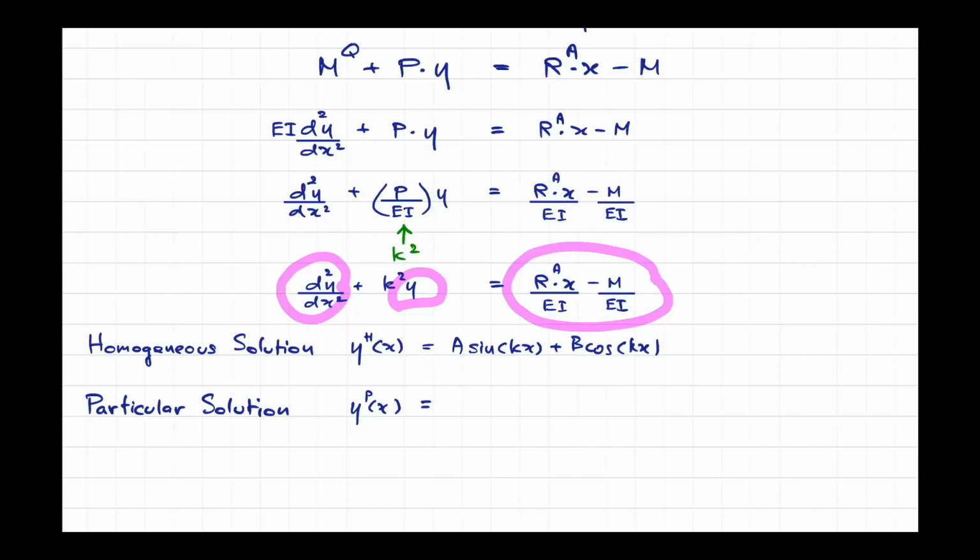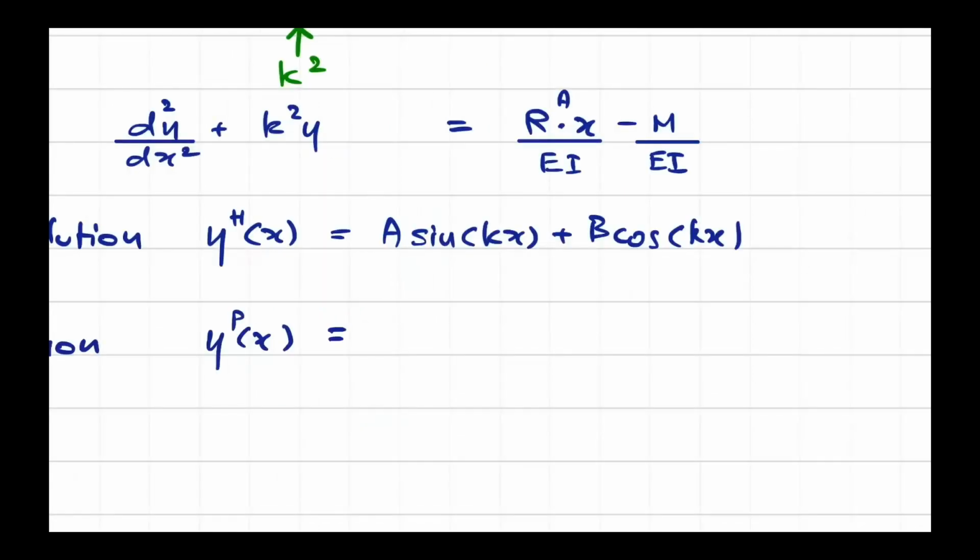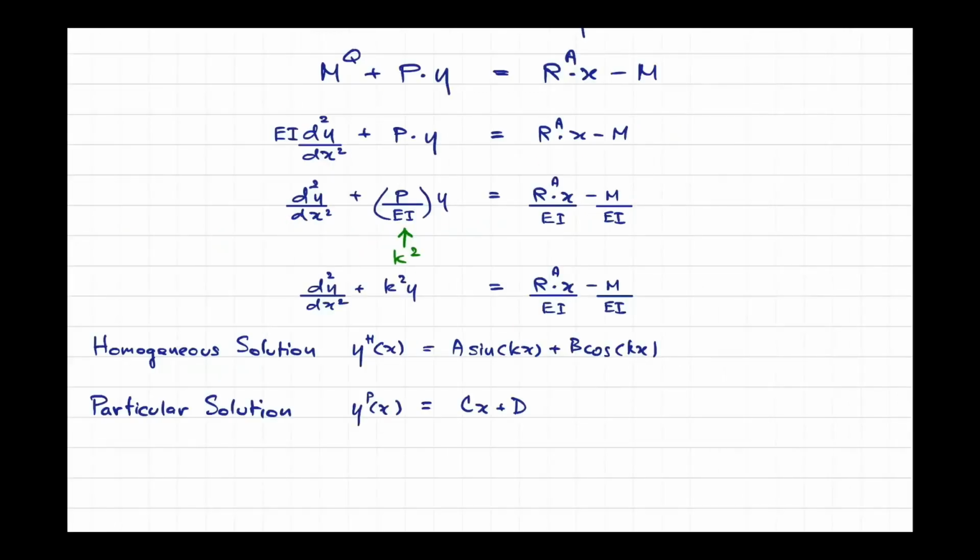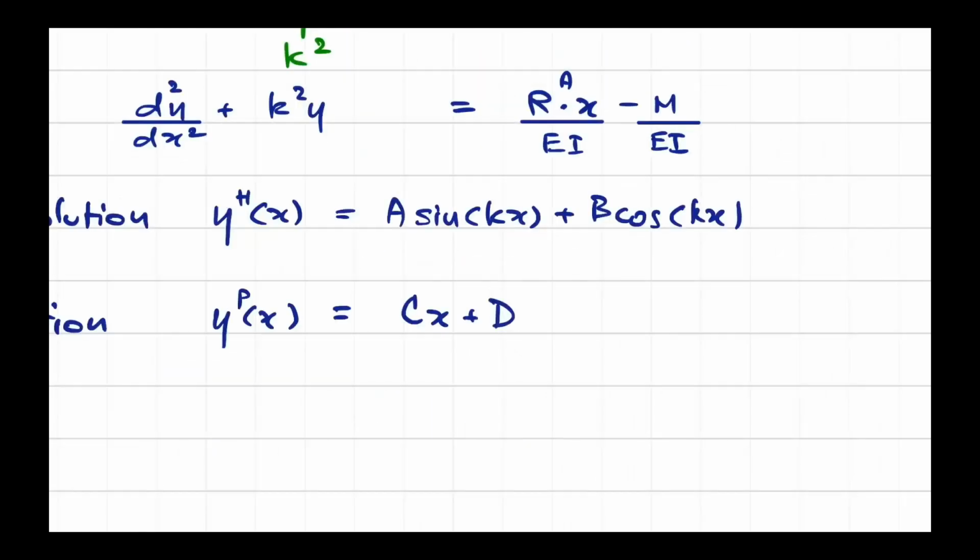For the y term, the maximum order of x will be just 1x, so you have the Cx plus D, right? So if you substitute this into here, you will for sure have this x on that right hand side. So this suffices for the purpose.